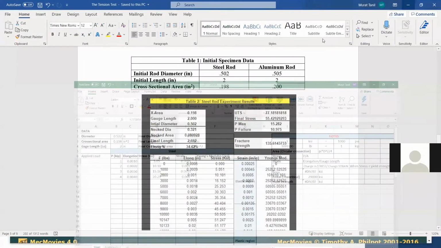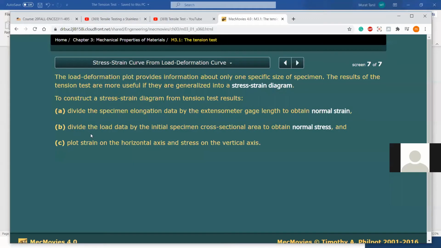Okay, so we know how to calculate it at this point. Second, divide the load data by the initial specimen cross-sectional area to obtain normal stress. I already explained this section, so we don't have to go back to the spreadsheet.